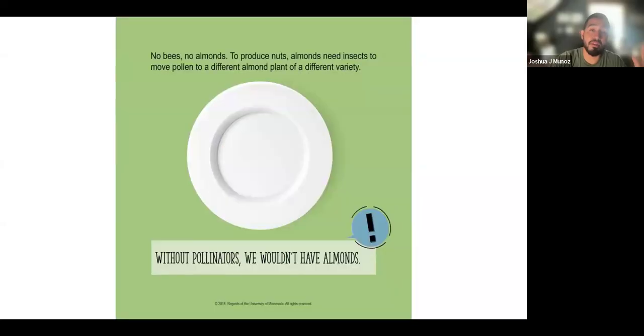And there are a lot more pollinator plates, by the way. There's a bunch of them that talk about the importance of pollination. There's coffee and ice cream, and I like the ice cream one because students are like, ice cream, pollination, how does that connect? That's the segue into how pollination connects to animal agriculture.